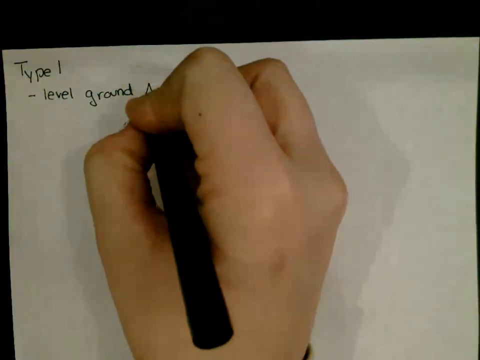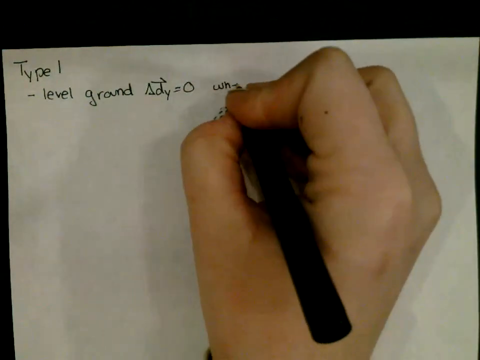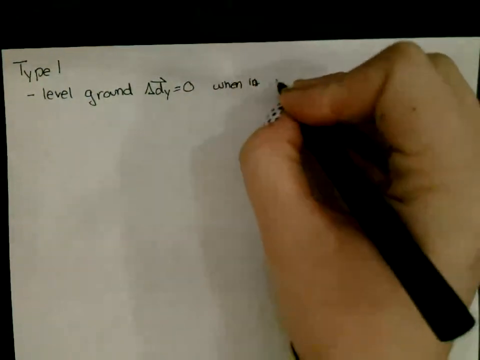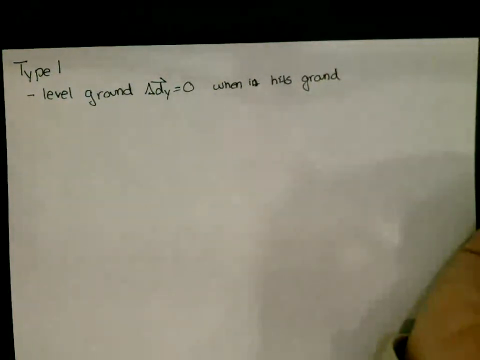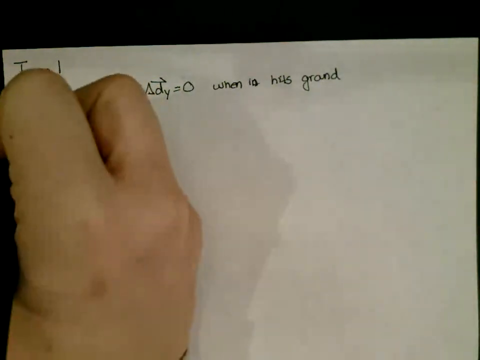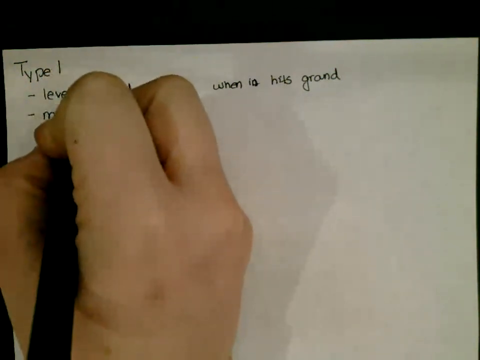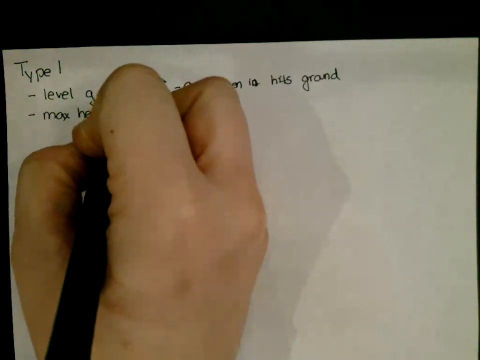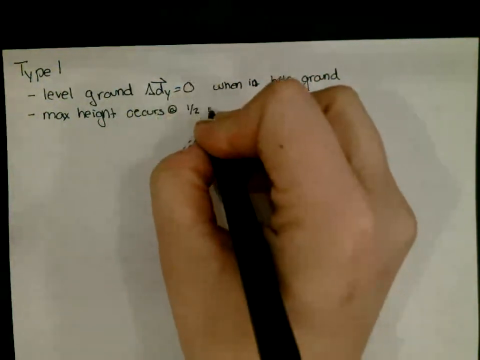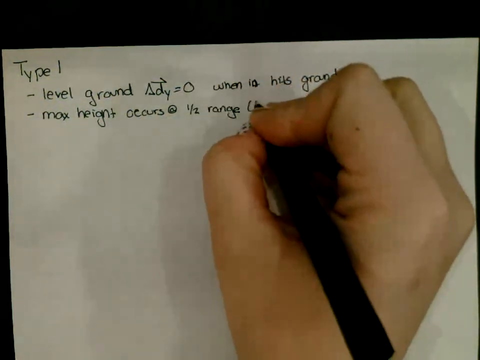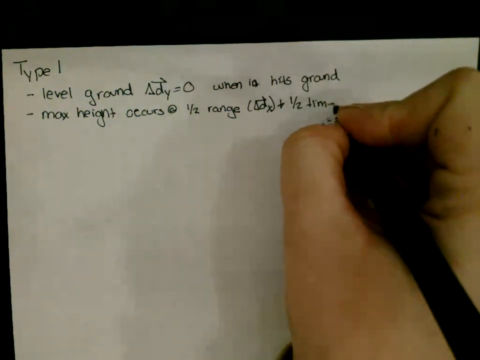Which means my change in displacement of y, or my displacement of y, is going to be 0 when it hits the ground. Our max height occurs in these at 1/2 the range, which is our displacement of x, and 1/2 the time.